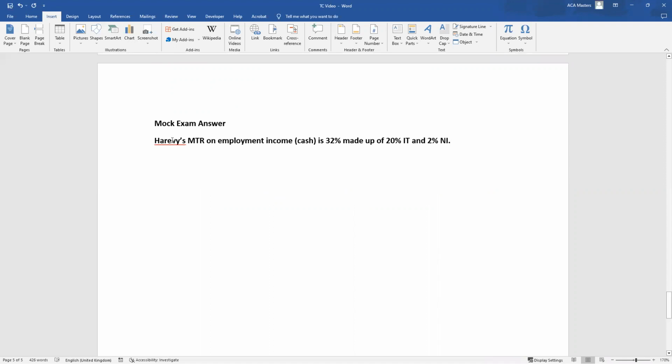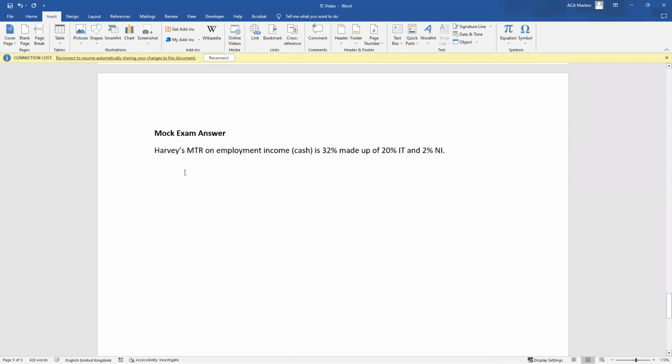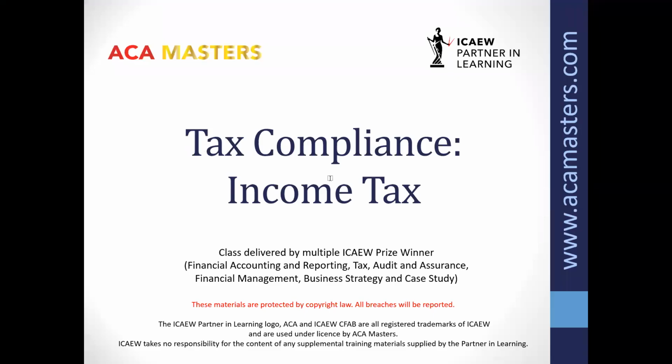So that's quite straightforward there. And we just specify them. I mean, you could possibly say that if it was a benefit, then it wouldn't be subject to NI, but that would be fine there. It's only 2 marks there. So they'd want the marginal tax rate and they'd want you to clarify what it would be on.